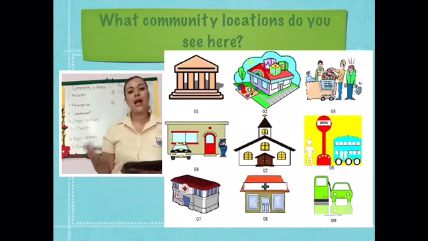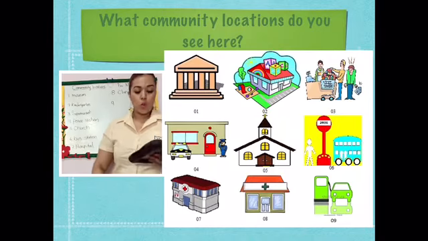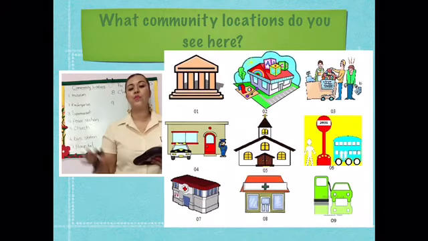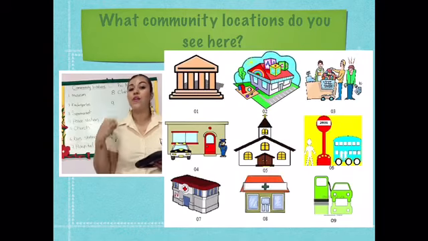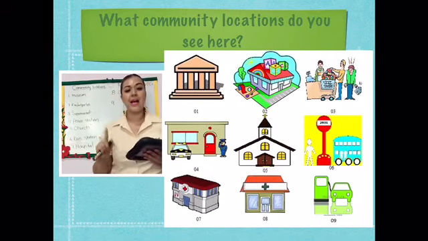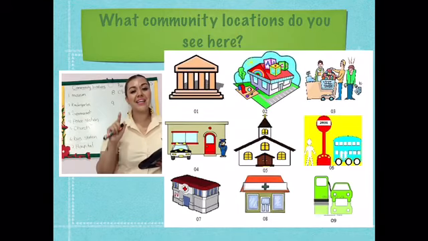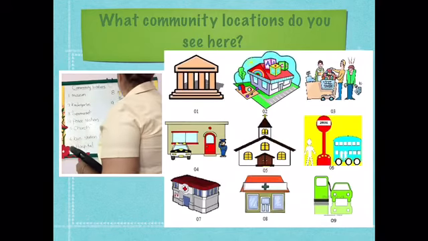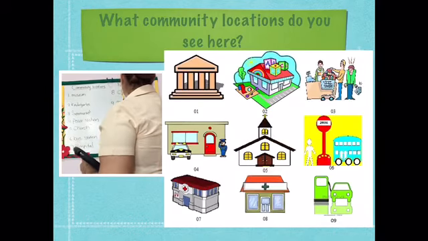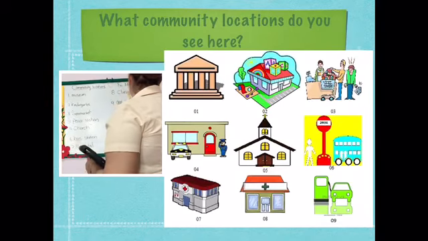Now number 9, it's very popular. What do we have in our community that cars need? It is what? Fuel. And number 9 is a what? A gas station. Very good. We have many gas stations here in Veracruz, okay?